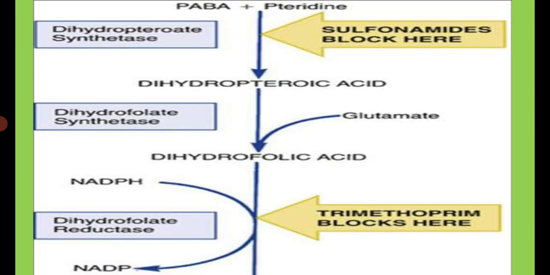The para-aminobenzoic acid is a substrate for the enzyme dihydropteroate synthase. But this enzyme gets competitively inhibited by sulfonamide drugs. So the sulfonamides block the active site of dihydropteroate synthase, and rather than binding of PABA, the sulfonamide binds to dihydropteroate synthase and the reaction gets blocked, and further there is no formation of folic acid.